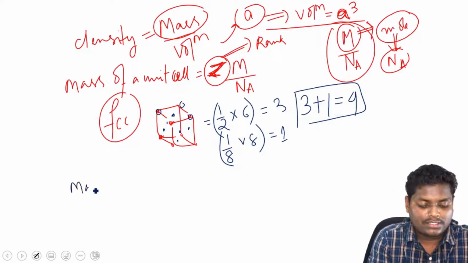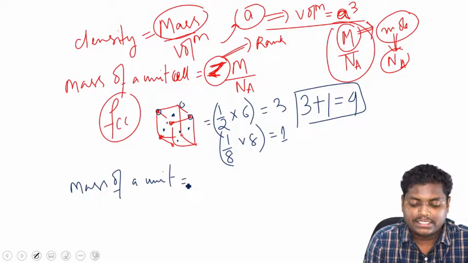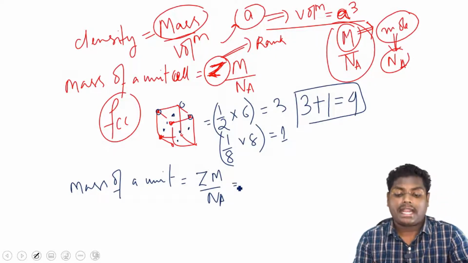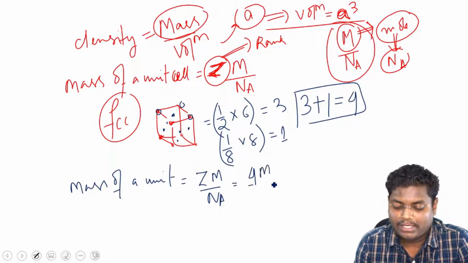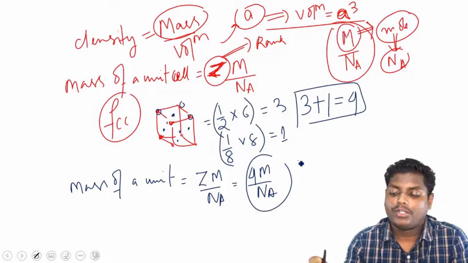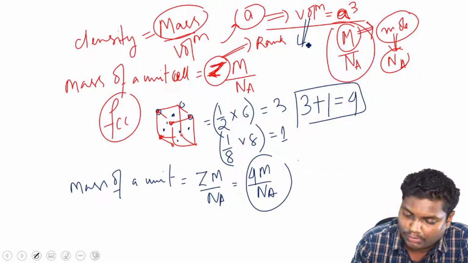So the mass of a unit cell is equal to Z m upon Na, where we can just substitute what we have got. The rank is 4m upon Na. This we have got till now. So what is the volume that they have given us?